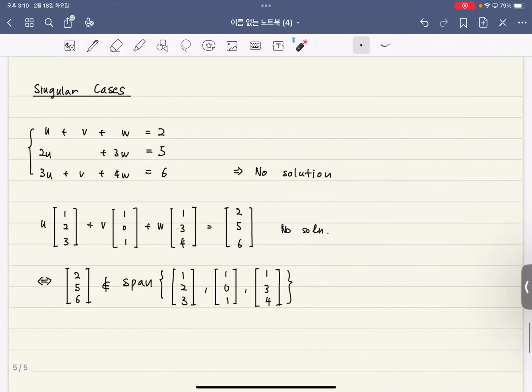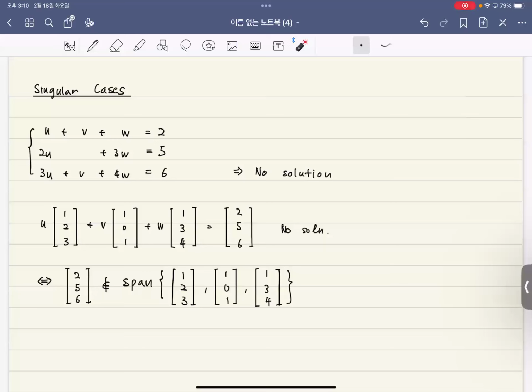How is that possible? I told you, usually, if you consider the span of 3 vectors, that should be the 3-dimensional space. In that case, if the span is the 3-dimensional space itself, then this vector is clearly a member of 3-dimensional Euclidean space, and therefore must be a member of this span.